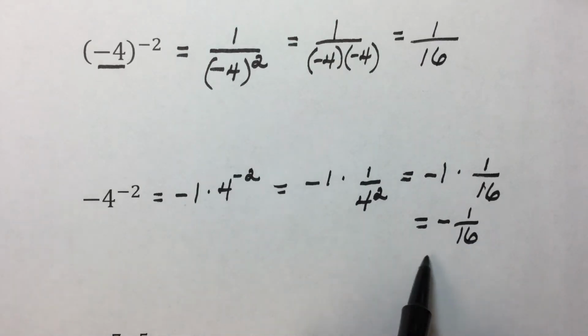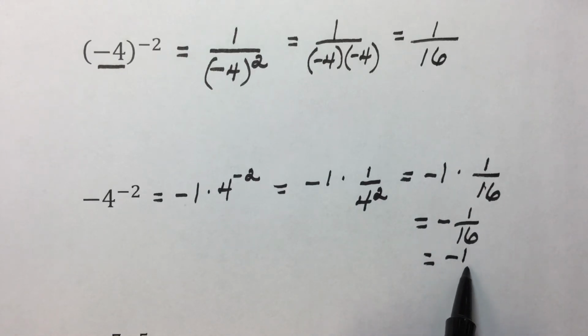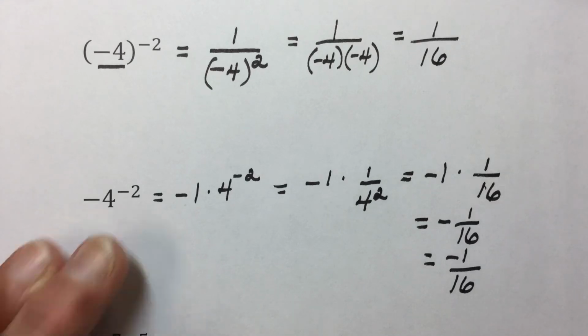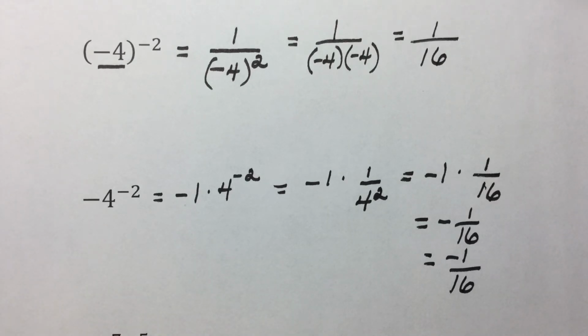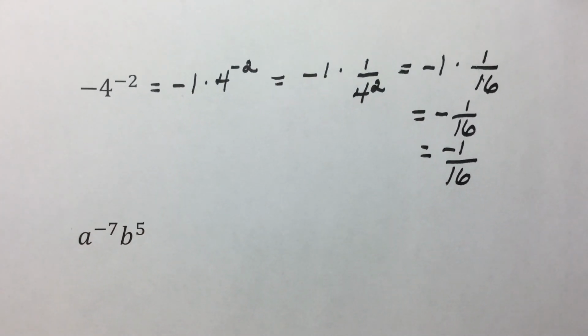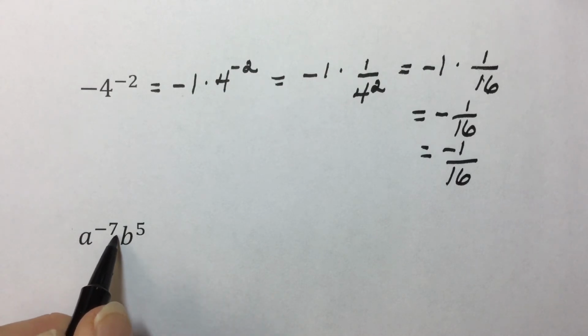We also could write this with negative 1 in the numerator to show that it's a negative quantity, and as a matter of fact, we could have 1 over negative 16, all of these being equivalent to the simplified version of this original quantity.